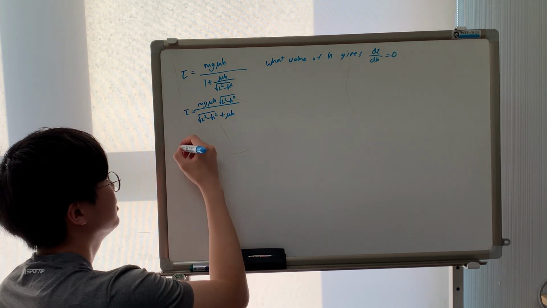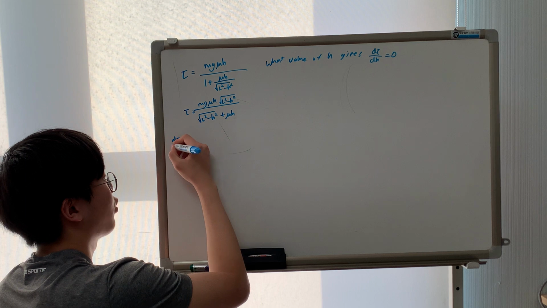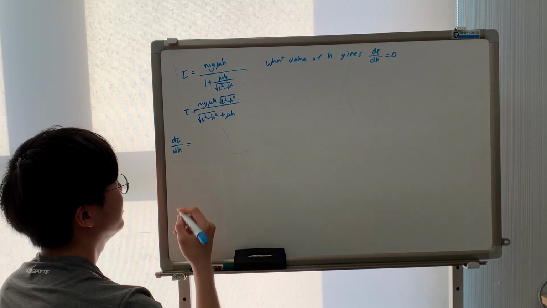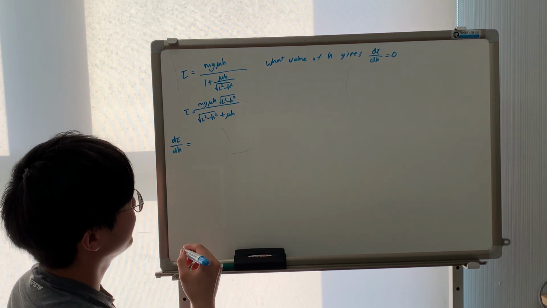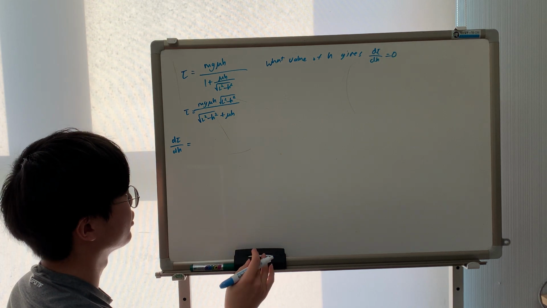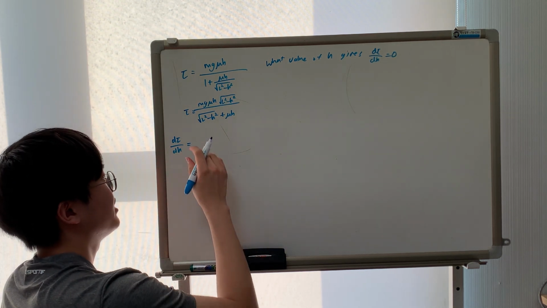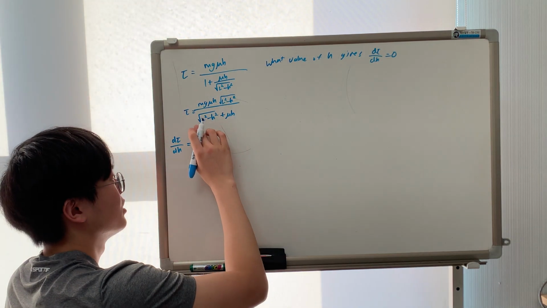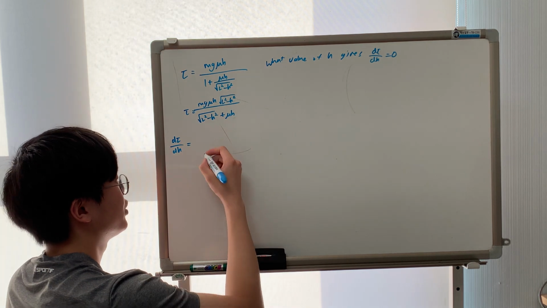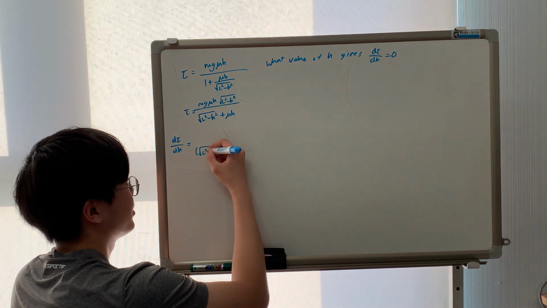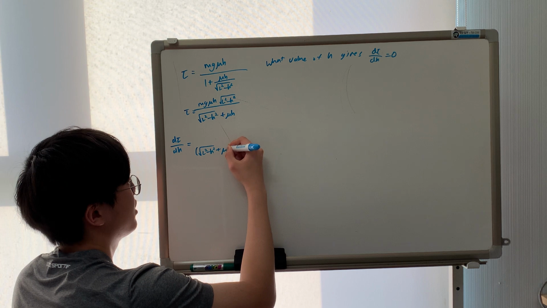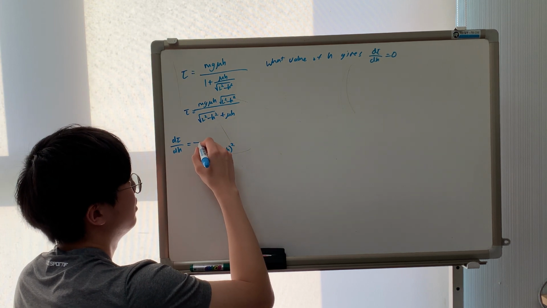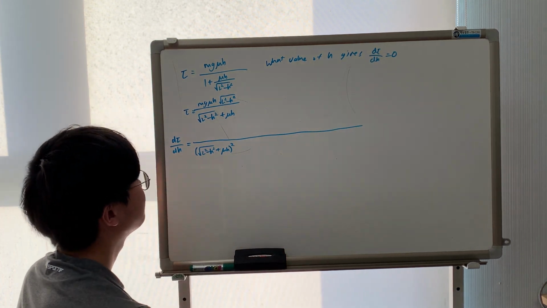Now what we're trying to find is d torque over dh. This is not going to be that easy. Well, let's just use the quotient rule. First of all, we have to square the denominator, which is square root of L squared minus h squared plus mu h, squared, over, it's going to be quite long.